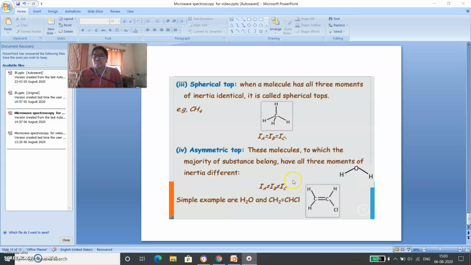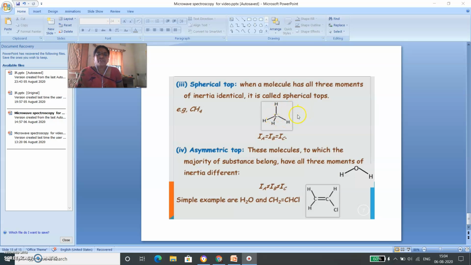And the third case is spherical top. So here in this spherical top, the molecule has all three moments of inertia identical. So where is the principal axis? It might be any of the carbon and hydrogen.